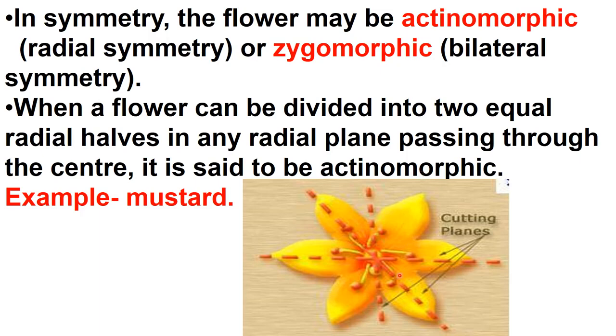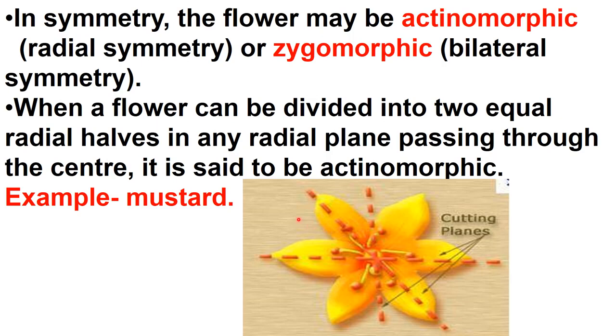You see here this flower, this is a mustard flower. Here you can see either we are cutting this flower by this plane or by this plane or by this plane. These are different cutting planes for this flower. So by any plane, if we divide this flower, it will be divided into two equal halves, right?